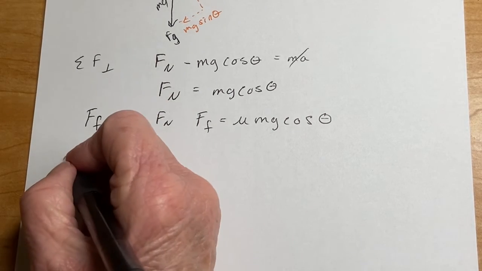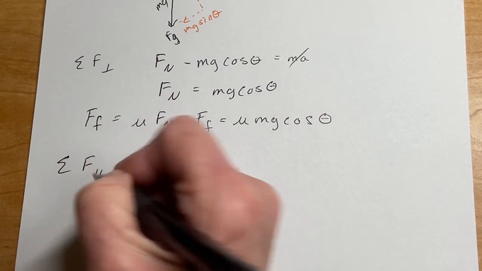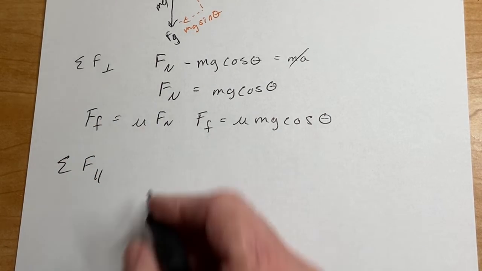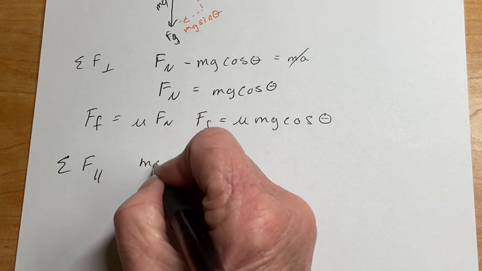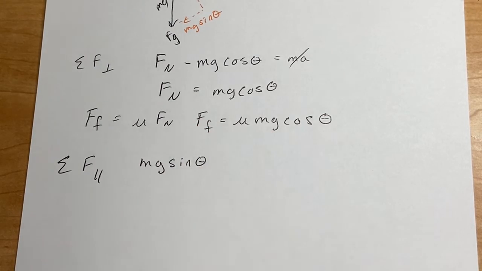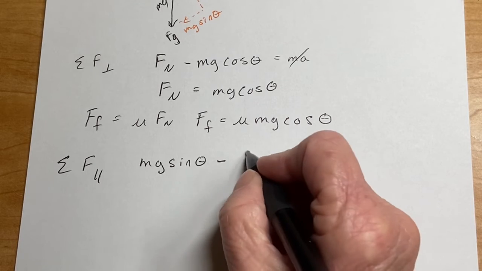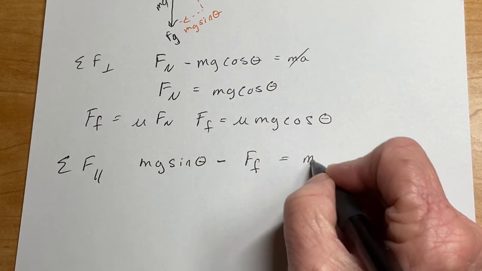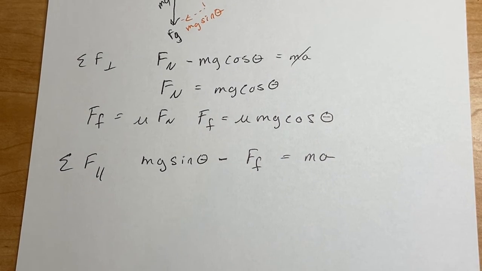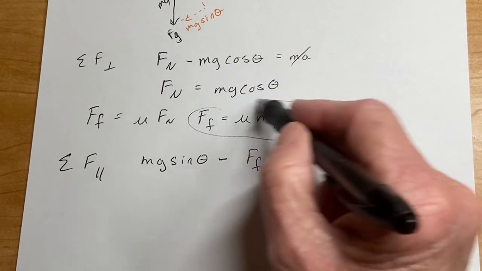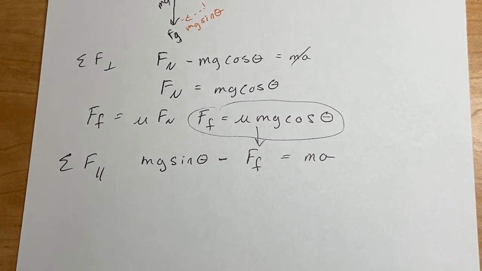All right, let's go to F parallel. Going down the ramp, we have mg sine theta. Going up the ramp, we have friction force, and it equals ma. It is not 0 because it is accelerating. At this point, we're going to substitute this in. That's part of why we do that.